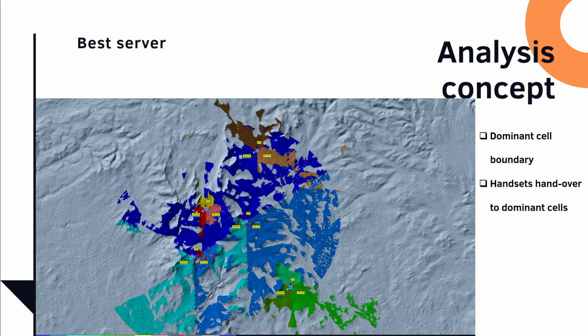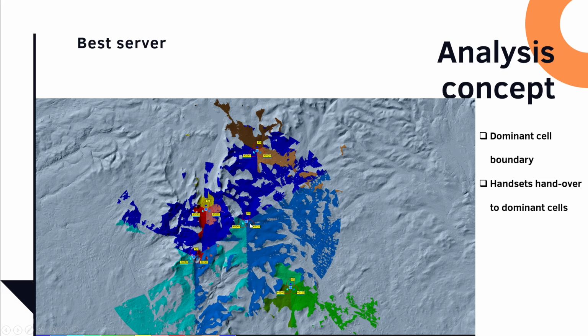And this is extremely useful if you want to know where your target is, because handsets typically hand over to the strongest, the dominant cell in their area. So if you know someone's connected to this tower, for example, you have a massive search area to look after.